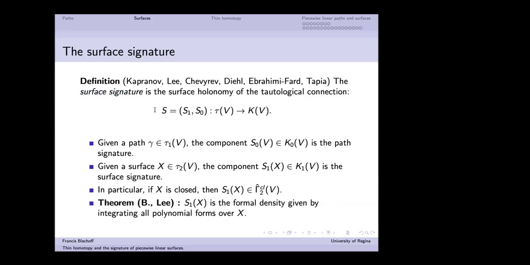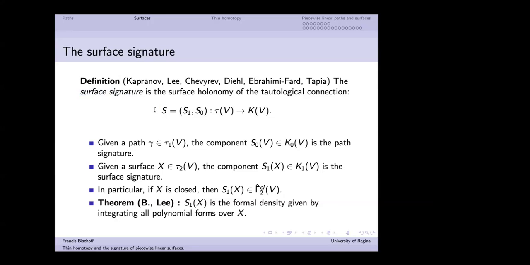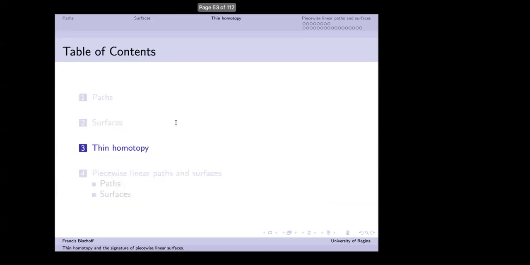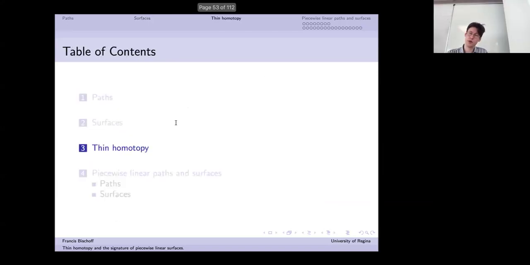And did you have a previous definition of S1 of X? No, no, no. This is the definition. I see. Okay, that's the end of the section on surfaces. Any questions about this section?